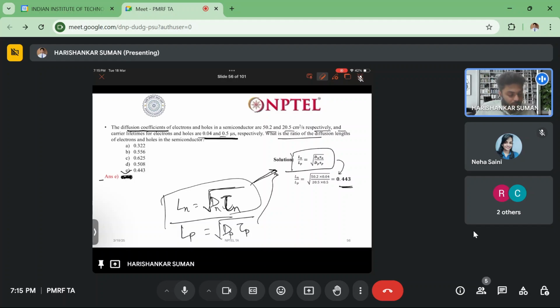Take the ratio, and you will get the ratio of the diffusion lengths, or you will get them individually if you solve this. The question may also ask you to calculate the diffusion length only for N or for P. Here the ratio is asked.